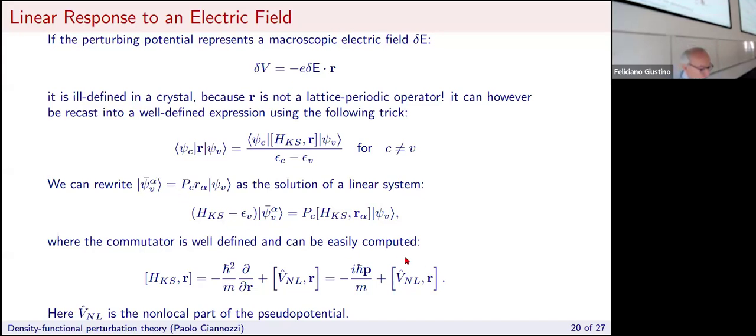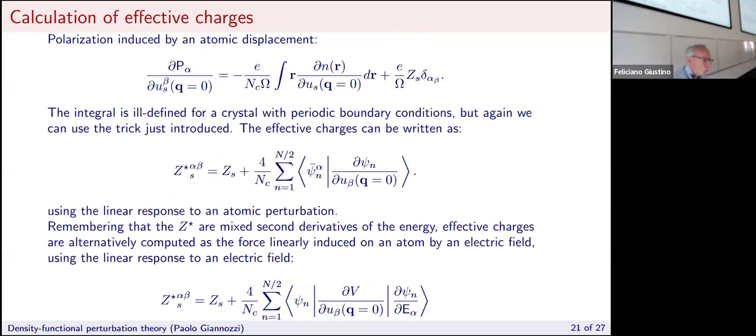But this is also something that can be computed without too much difficulty. And again, every time one encounters the operator position times a wave function, a Kohn-Sham orbital, one resorts to this trick.